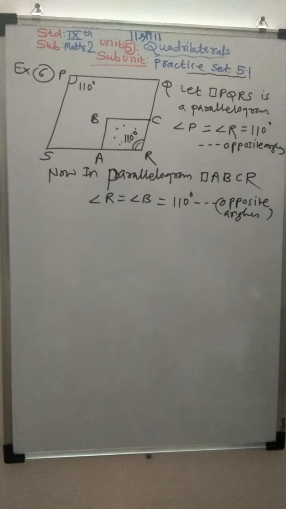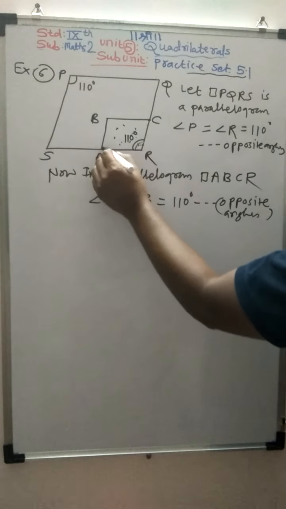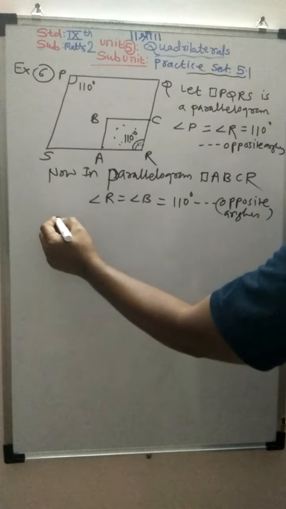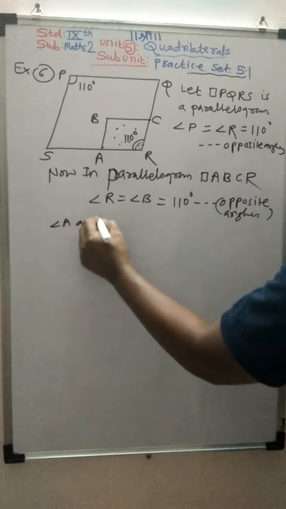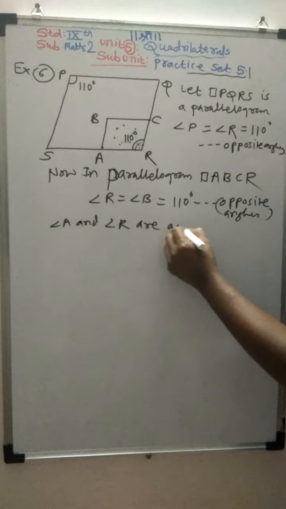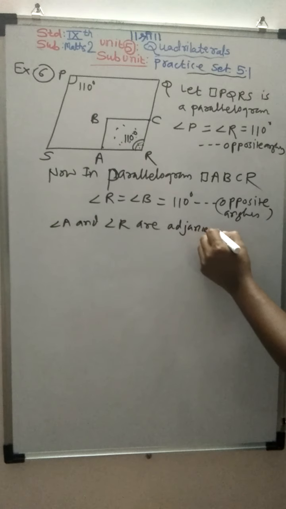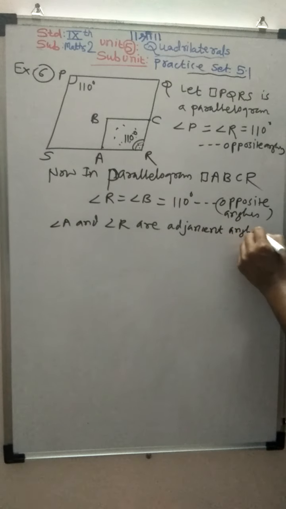Opposite angles of a parallelogram are congruent. Now see here, these two angles are supplementary to each other because they are adjacent angles. Angle A and angle R are adjacent angles.